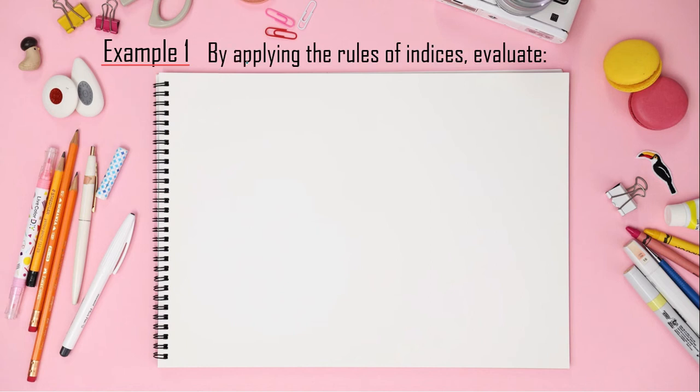By applying the rules of indices, we will have to evaluate. So the first one we have 125 to the power of negative 2 over 3. So what we will do here is that we will apply the rules of indices, so that this one we will find something to the power of negative 2 over 3 where that something is power 3.